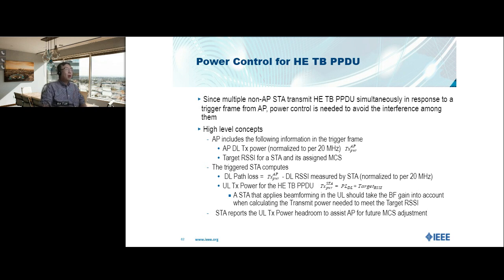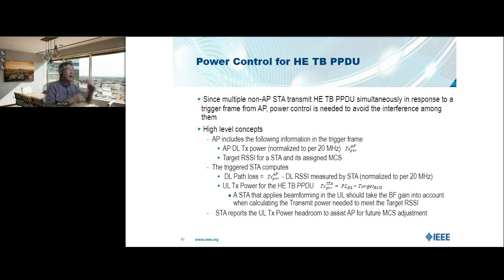Because all the different users transmit simultaneously after receiving the trigger frame from the AP, how do we avoid their interference to each other? Close-by devices could mask the clients which have a poor link budget and are far away. To solve this, the important part is that the AP schedules each station in uplink transmission, including the MCS.